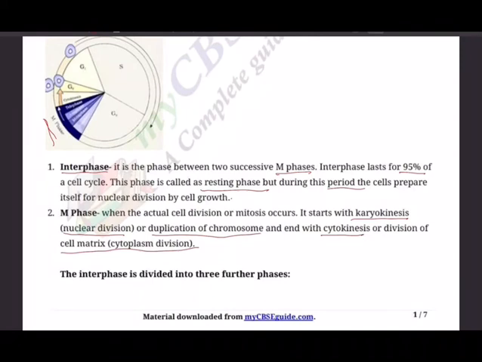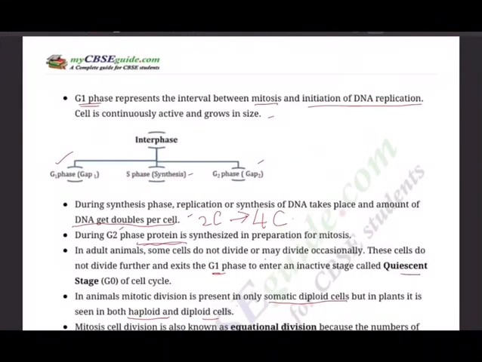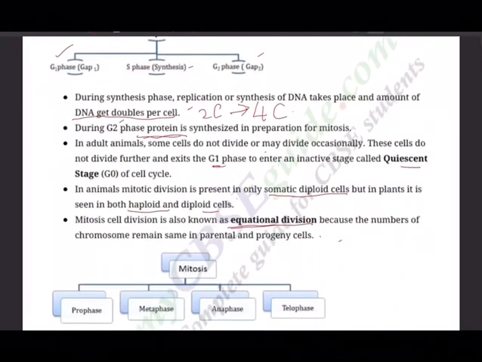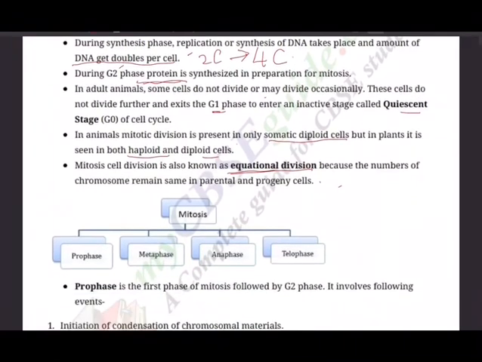Karyokinesis is how the nucleus gets divided. It divides in four phases: prophase, metaphase, anaphase and telophase. Mitosis occurs during formation of body cells, therefore it is called somatic cell division.